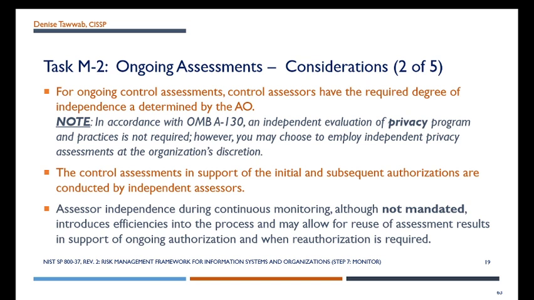The control assessments in support of the initial and subsequent authorizations are conducted by independent assessors. Assessor independence during continuous monitoring, although not mandated, introduces efficiencies into the process and may allow for reuse of assessment results in support of ongoing authorization and whenever reauthorization is required.